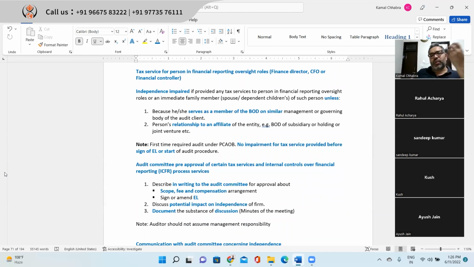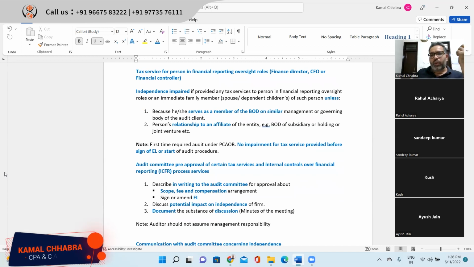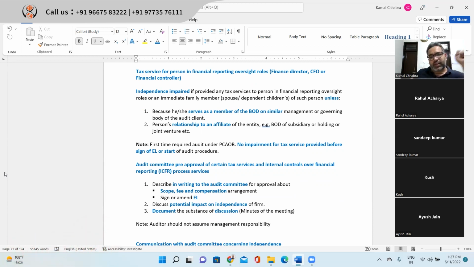They are in a position of overriding roles, so they can override controls. So to those individuals, can a CPA firm provide consulting services, tax consulting services? The general rule is no, but again there are certain exceptions to the general rule. What are those exceptions?